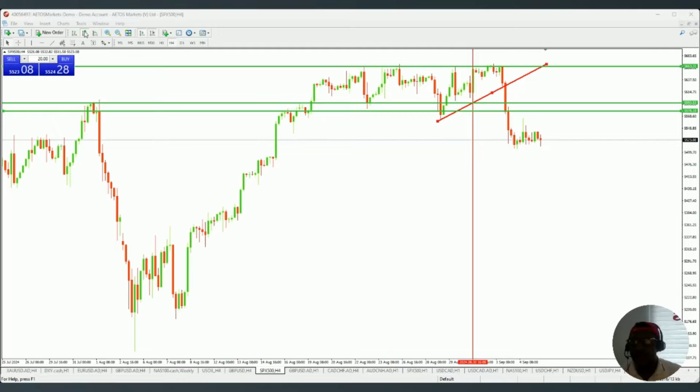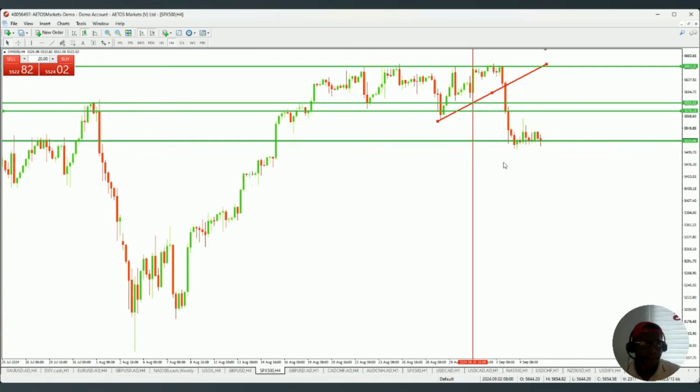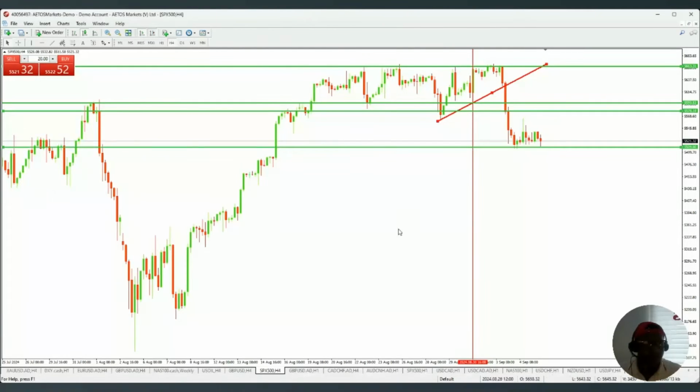So let's plot in our horizontal line to see where that is. 5509. I'm going to come here, double click on this, 5509, and okay, guys, we got it at take profit again. This is a take profit, and like I said, this is H4.